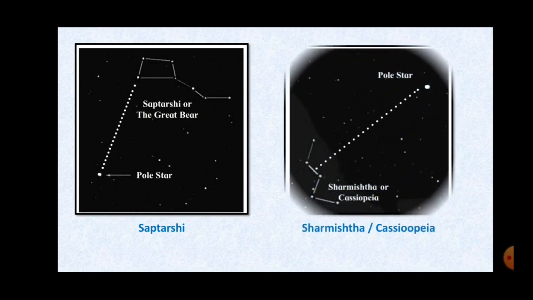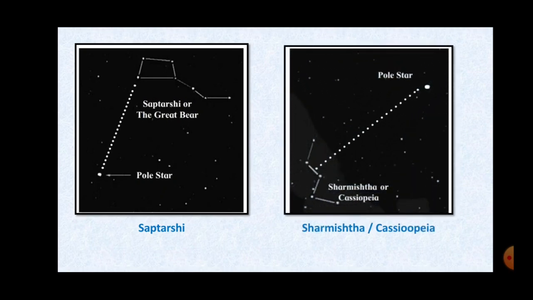Now here are the pictures of some of the constellations. The first one is Saptarshi. Sapt means 7, because the 7 stars form a kite-like figure which is called Saptarshi or the Great Bear.